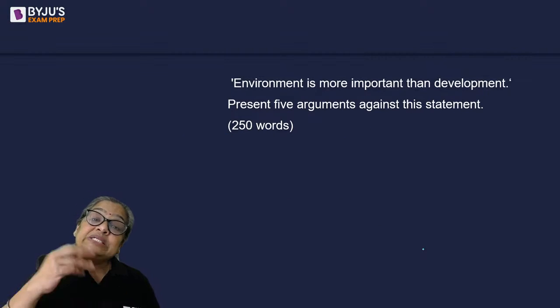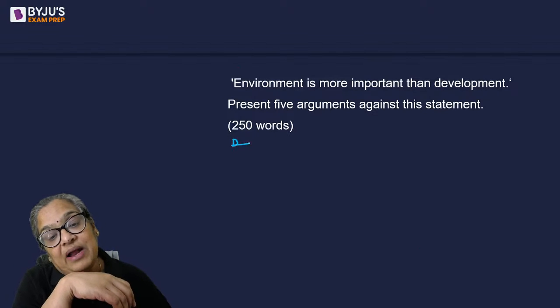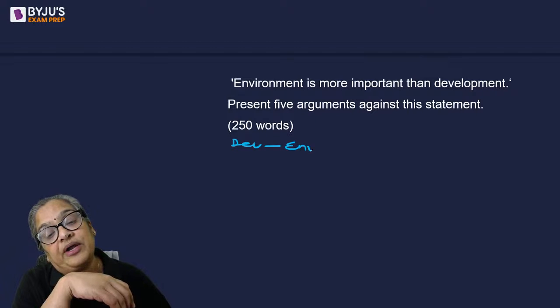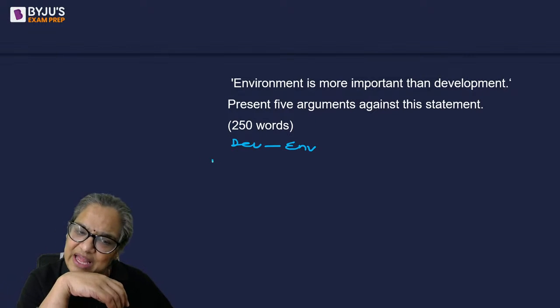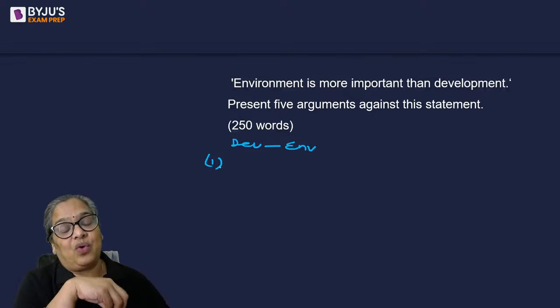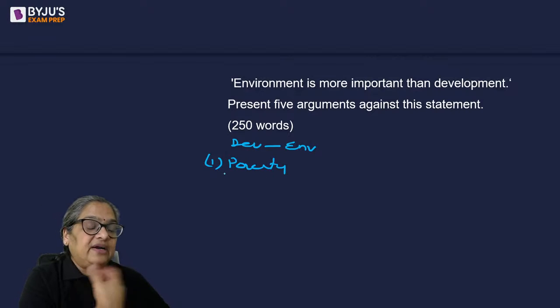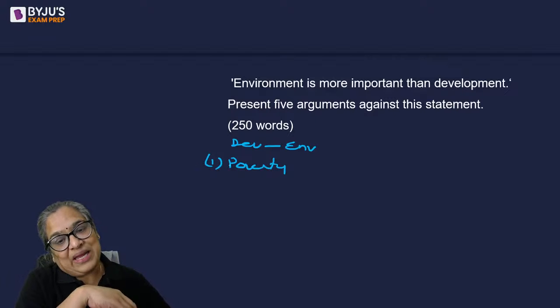Next one, present 5 arguments against this statement where you're saying no, development is more important than environment. Every government you elect, on what basis are you electing the government? To get rid of poverty in our country, at least in a developing country like us.